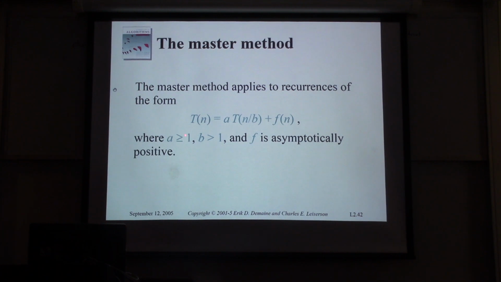A is at least 1, and is an integer typically. If A was equal to 1, what would level 1 look like? T of n over b. Okay, it would be f of n over b. But if A was 2, what would level 1 look like?